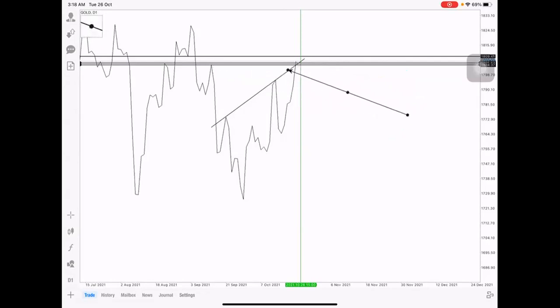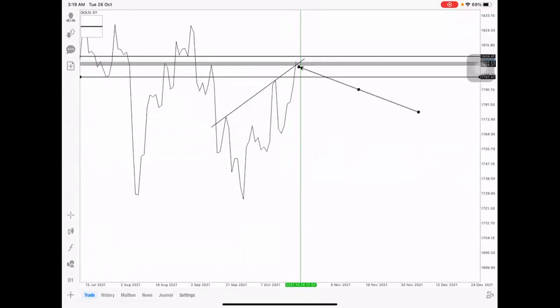Clear? So we wait for H1 closing, and daily closing at this level. We have divergence by 1, 2 and 3. So wait for closing.